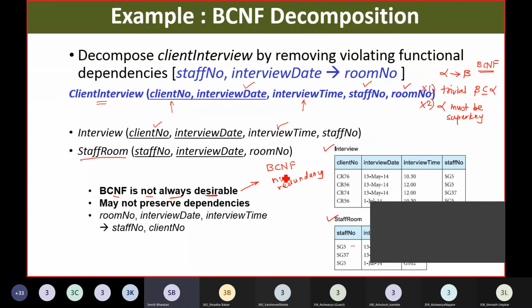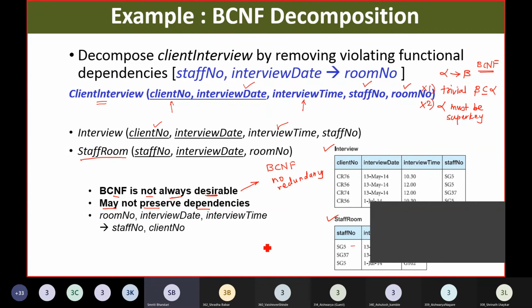But there is a problem in BCNF sometimes. And what is that problem? In BCNF, it may happen that a few of the dependencies are not preserved. So BCNF may not preserve the dependencies.